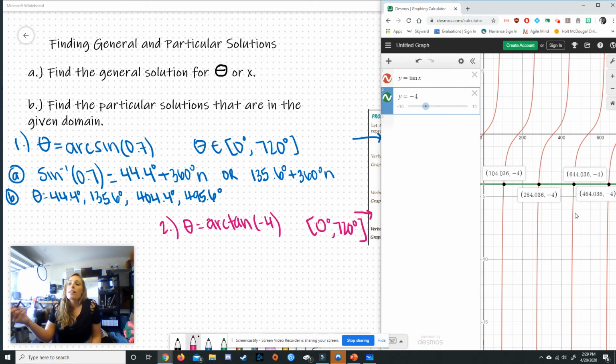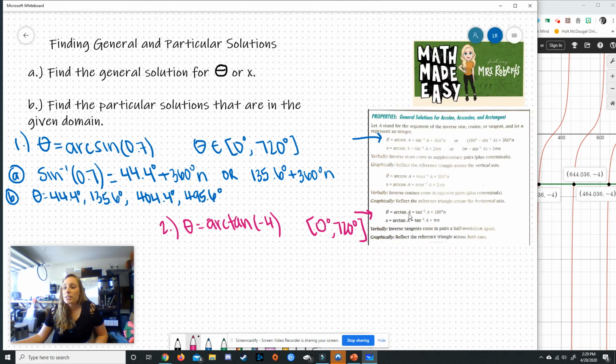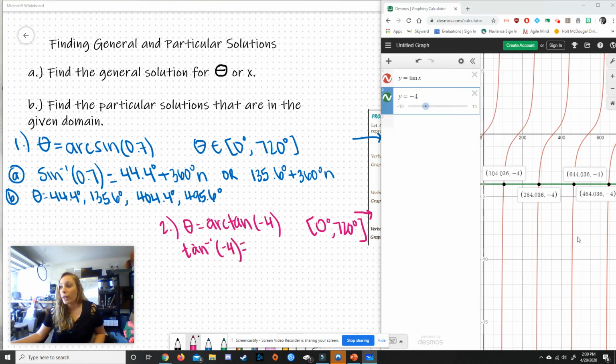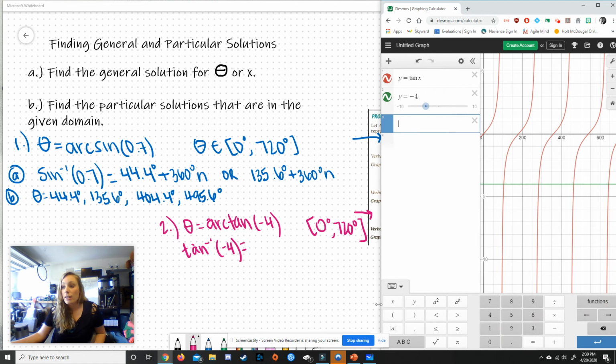So now let's solve this algebraically. What this rule tells us to do is to take the inverse tangent and then add 180 degrees n to that. The 180 degrees n comes from the period of tangent. It repeats every 180 degrees. So we need to find the inverse tangent, and to do that, we'll plug this into our calculator.